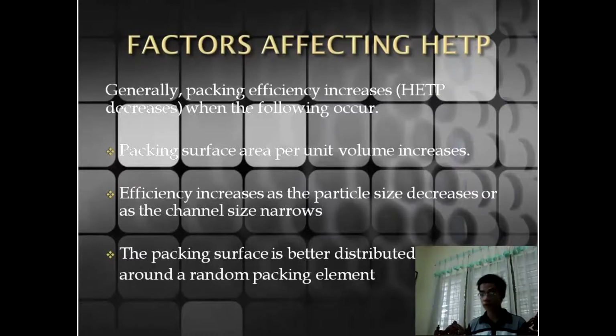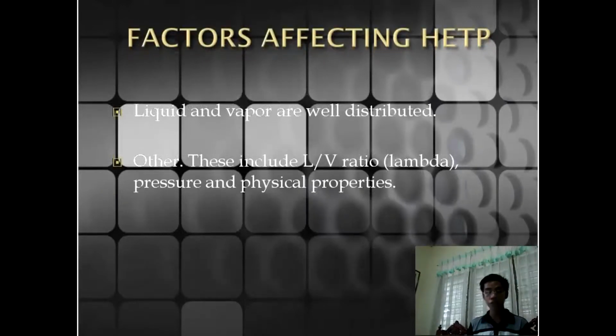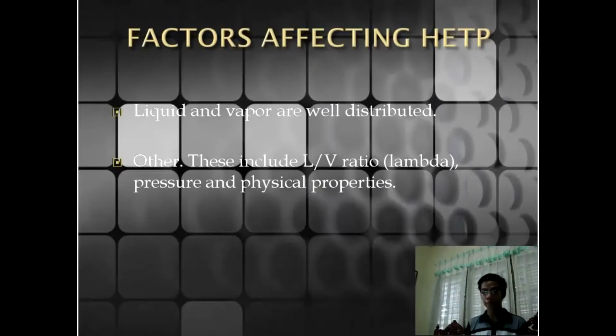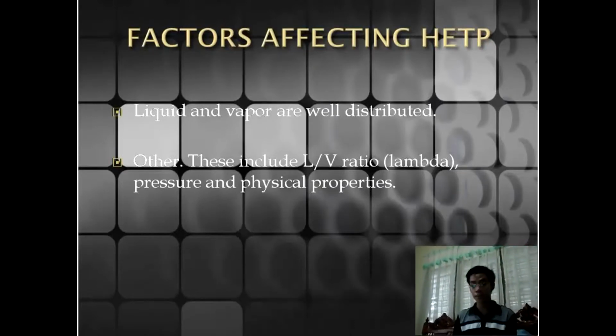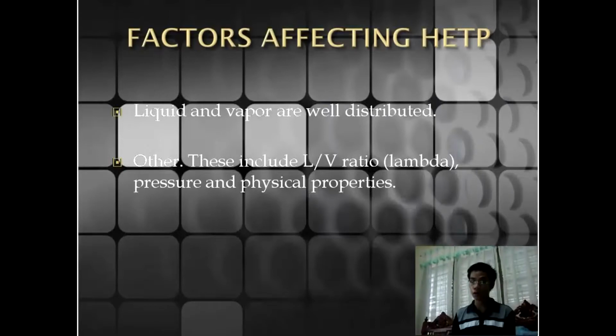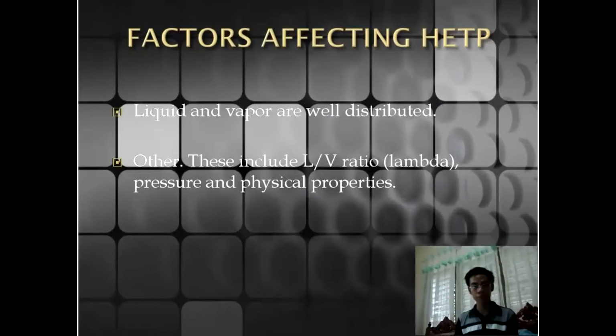Another factor that can affect HETP is if the packing surface is better distributed around a random packing element. The distribution of the liquid and gas streams can also affect HETP. Other factors that may affect efficiency are the L/V ratio or lambda, pressure, and physical properties.